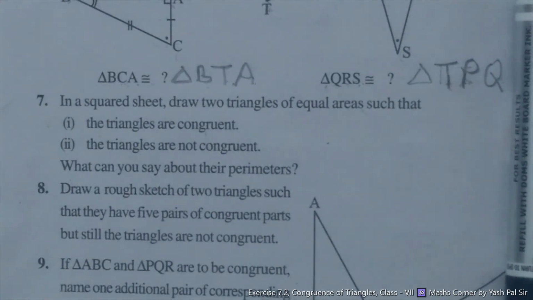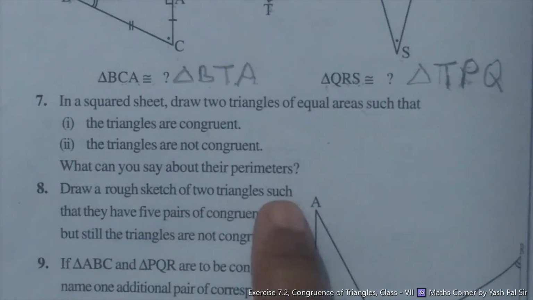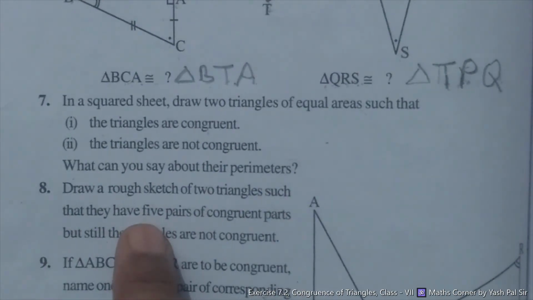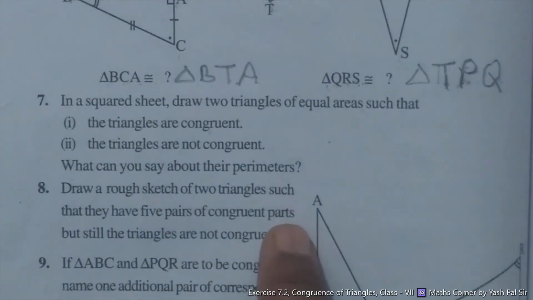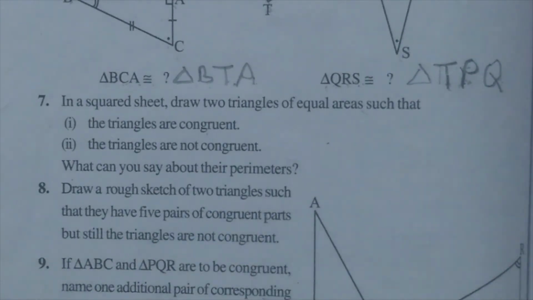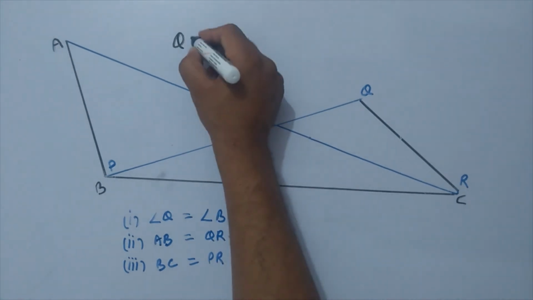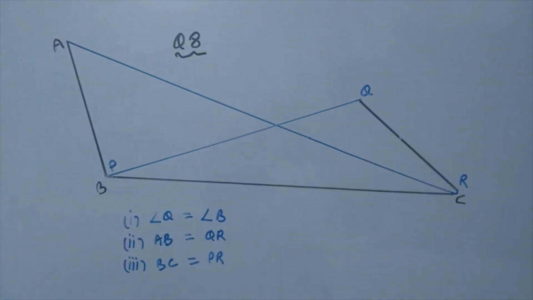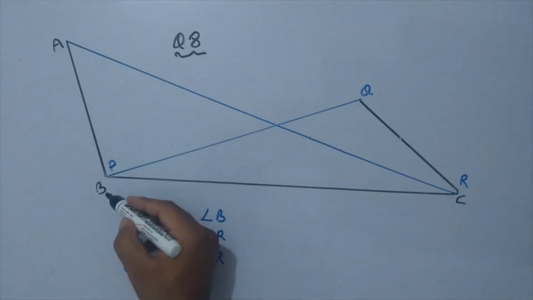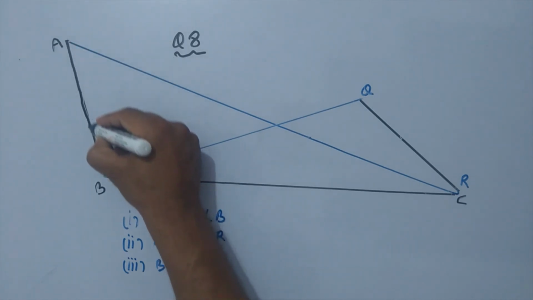Our next question is question number 8. Draw a rough sketch of two triangles such that they have 5 pairs of congruent parts, but still the triangles are not congruent. We can have this diagram. First of all, we have the triangle ABC.